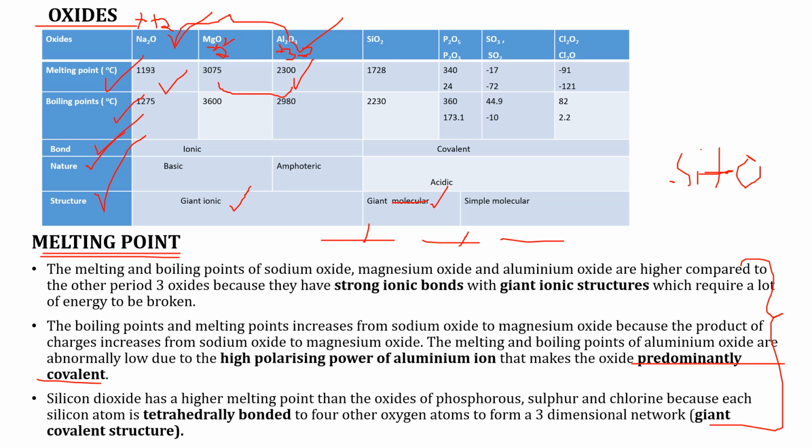So once it polarizes, the ionic bonds are going to become very weak. And once they become weak, the energy required to break them is going to be low, subsequently leading to a progressive decrease in melting points. So let's proceed.